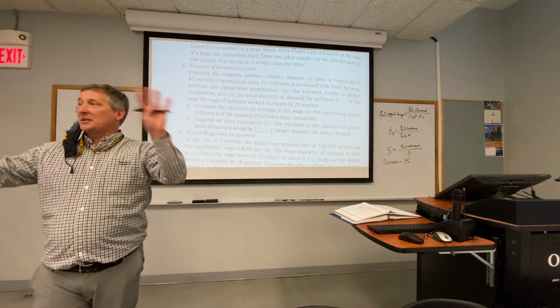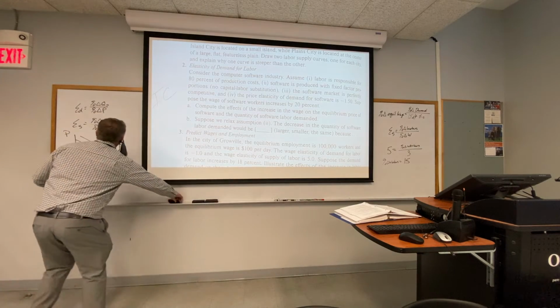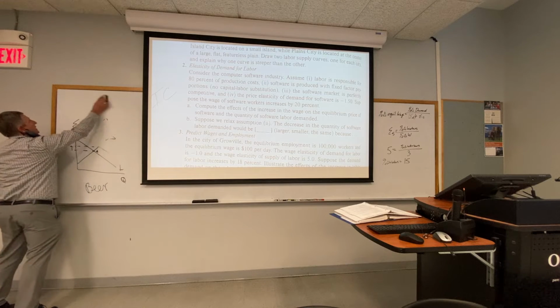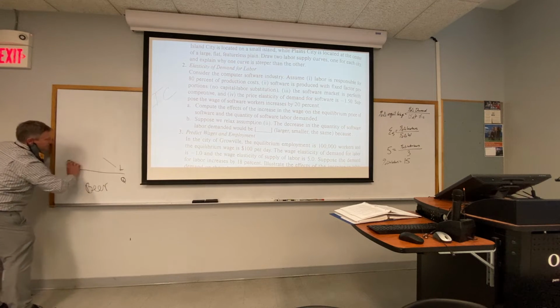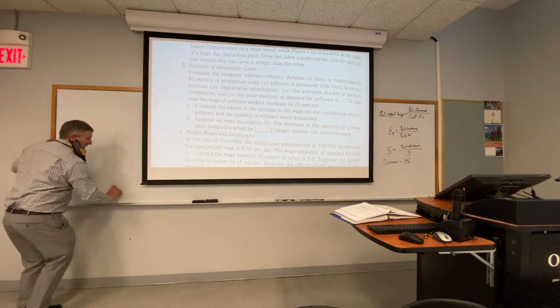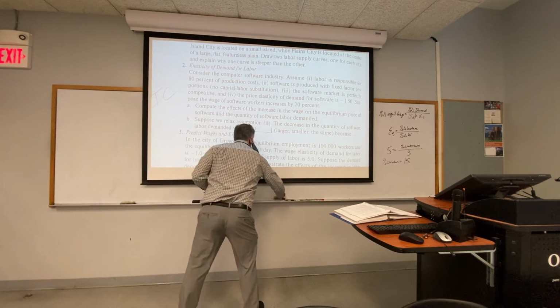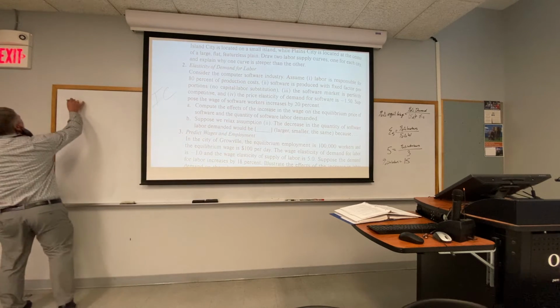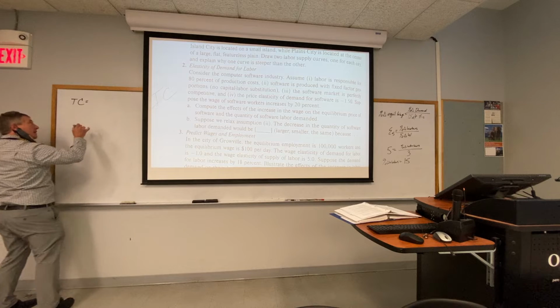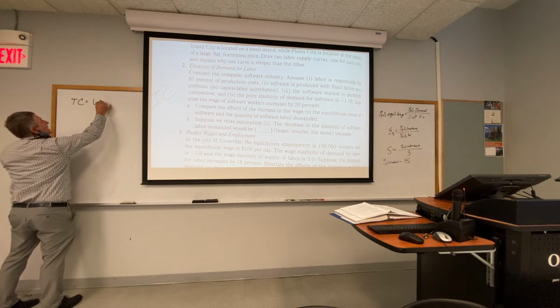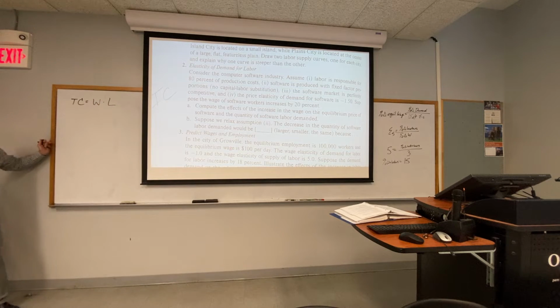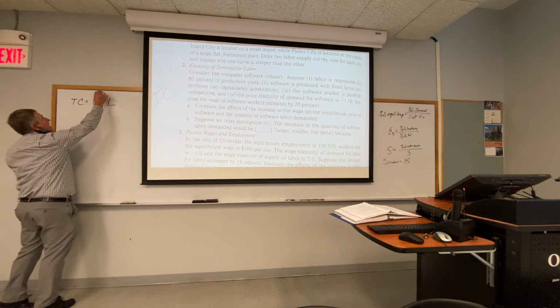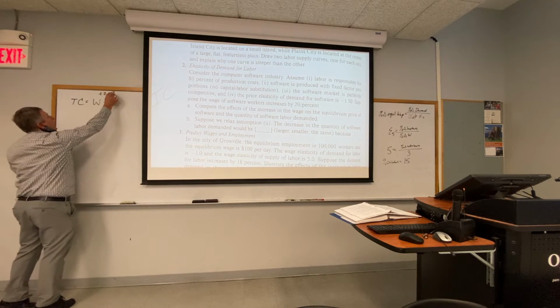So all of my total production cost, if we go back to putting on a little formula here, if my total production cost equals basically wage times labor, right? It's my full labor bill. And now if this goes up by 20%, what happens to this?